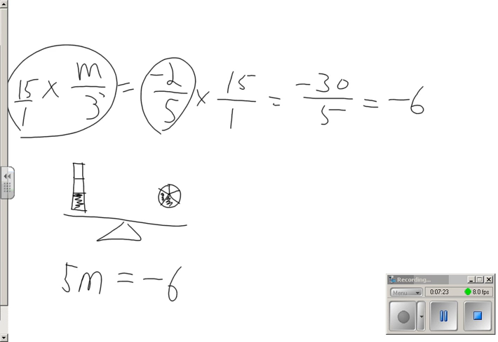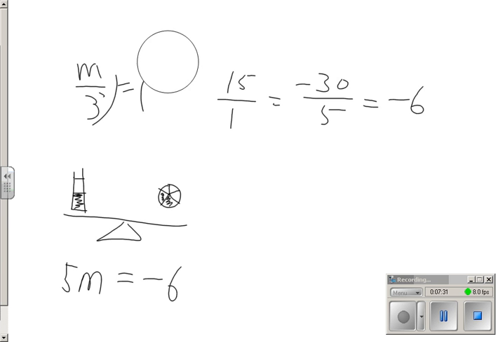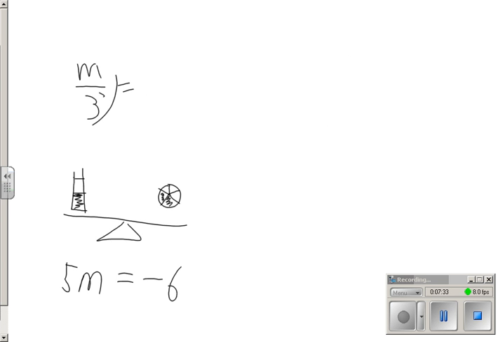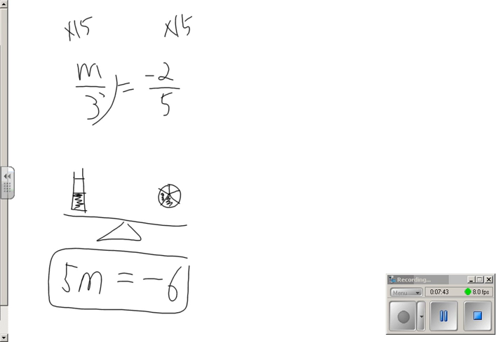So by taking this original equation, I got my eraser out here. If I take this original equation, negative m over 3 equals negative 2/5, and I increase it 15 times over here and 15 times over here, I end up with this new equation.